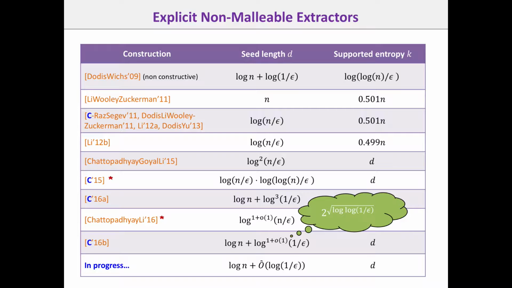And this little o(1) in the log to the little o(1) over epsilon is this weird thing. And now we can also get this tilde, which is kind of better. So we are a tilde away from obtaining non-malleable extractors with parameters comparable to seeded extractors. But I'm just trying to give you the state of affairs.